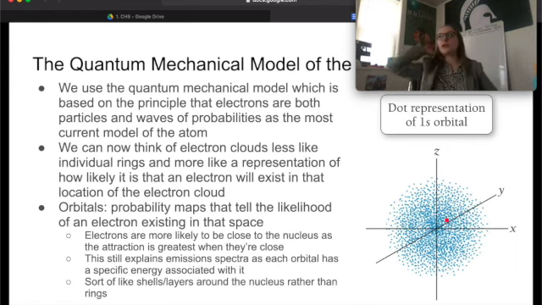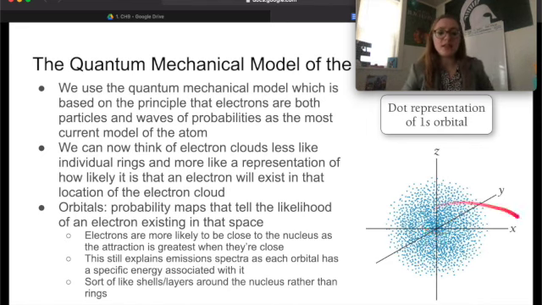It's almost like leaving a camera on a time-lapse photo, and we see all the different places that an electron pops up over a specific amount of time. It shows up here a lot, and it doesn't show up around the edges quite so much. So electrons, again, are more likely to lie in towards the nucleus, where the attraction is greatest. They want to be near that positive charge.